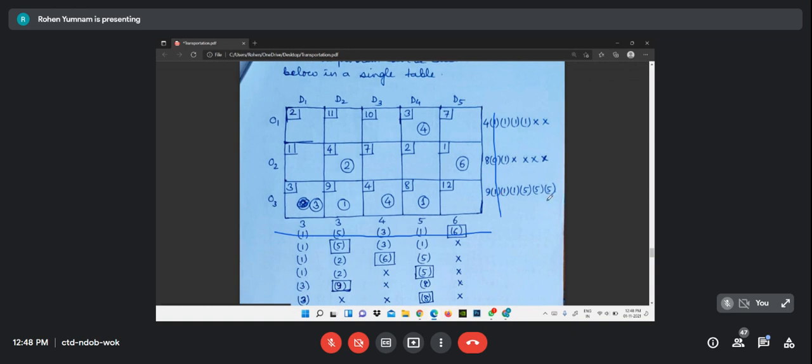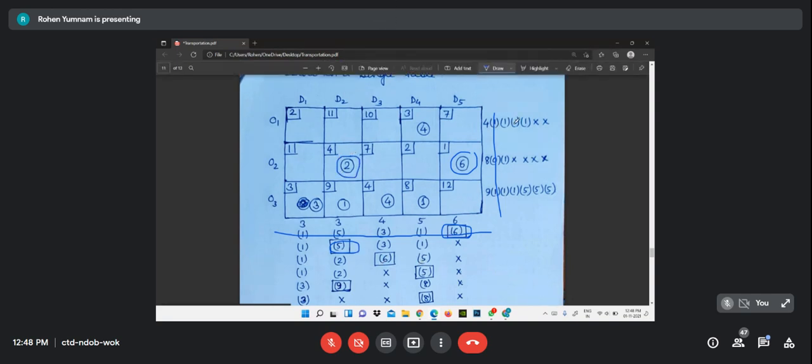See here, firstly it is the maximum, then 6 is allocated here, and then again we calculate the difference here, and then it becomes largest here, and then assignment done here, and then again next we calculate these things.